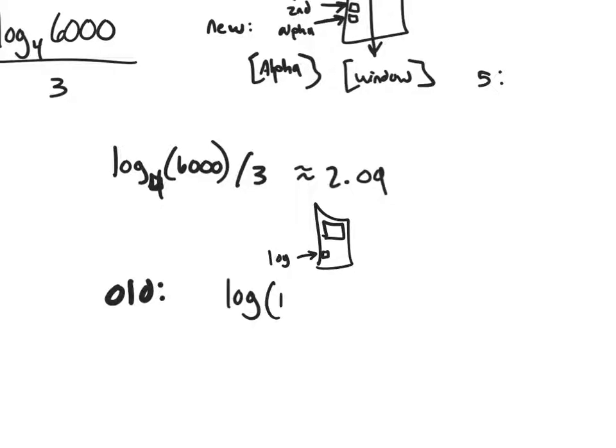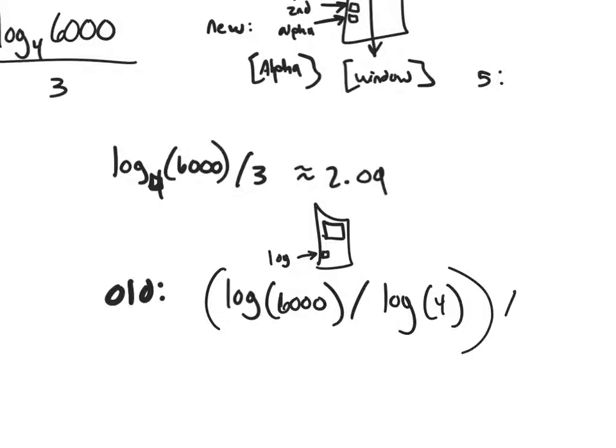You're going to type in log of 6,000 divided by log of 4. And then you're going to need to divide all that by 3. A couple ways you could do that is to hit enter and then push divide by 3. You could also put all of that into parentheses and divide by 3 like that. If you did it correctly, you should get 2.09.